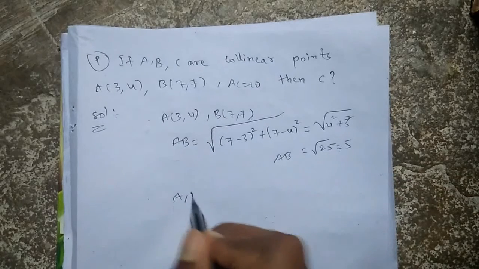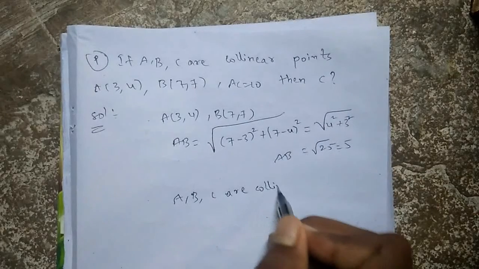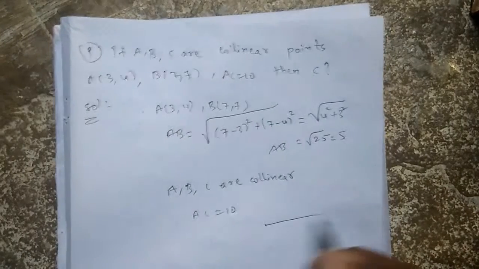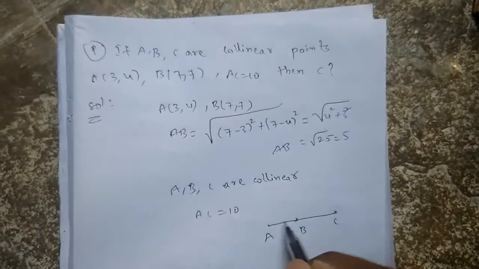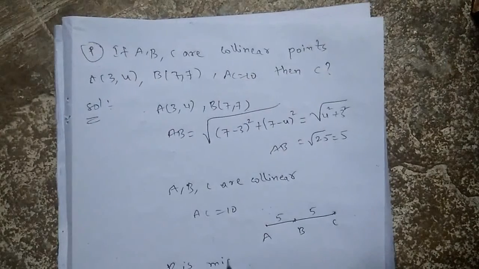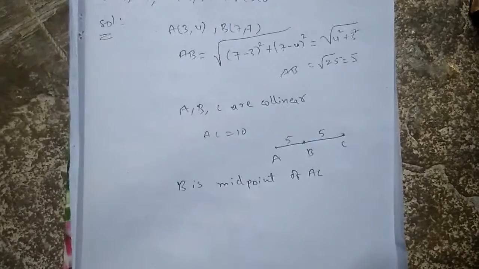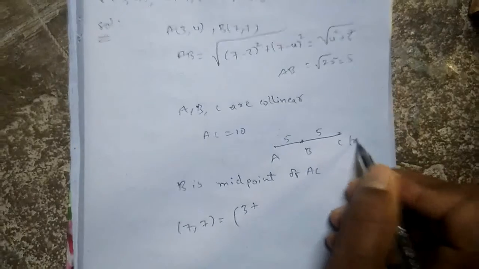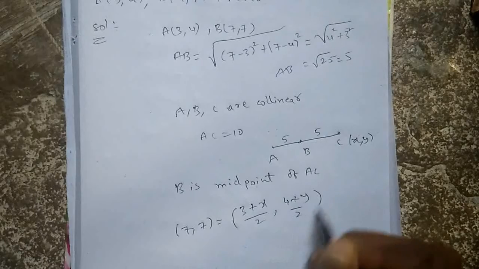AB is equal to 5, and given A, B, C are collinear and AC is given as 10, they are like this. This is 5, this is 5. B is the midpoint of AC. So (7, 7) is equal to the midpoint. Let C be (x, y): (3 plus x) by 2, (4 plus y) by 2.